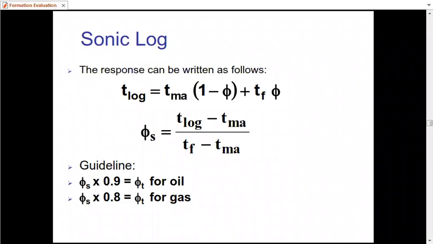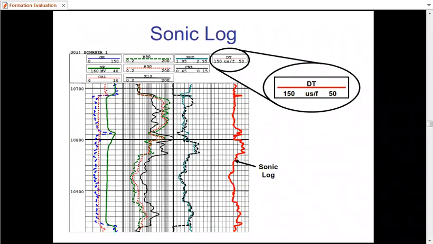If you are dealing with oil versus gas, you have a different reading and a different response in delta T from the sonic log.